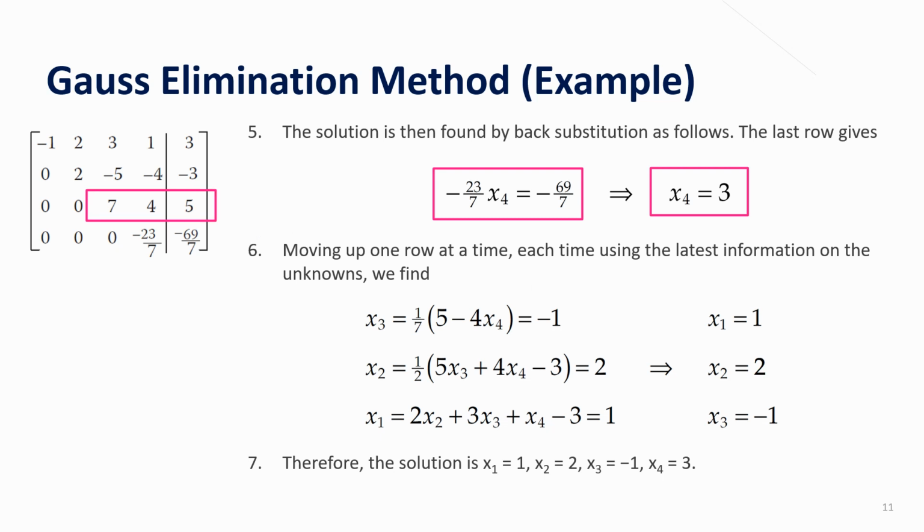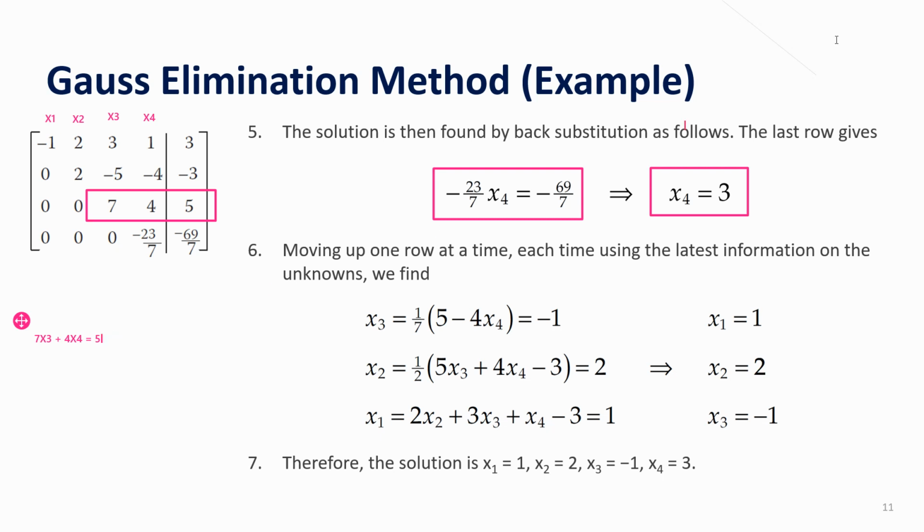So now you know that these three equations represent, for each column, x1, x2, x3, and then x4. It means that 7 multiplied by x3 plus 4 multiplied by x4 equals 5.